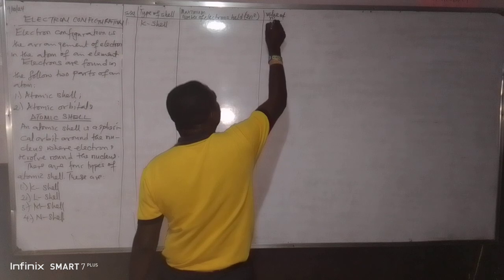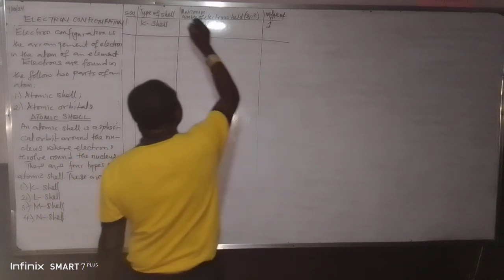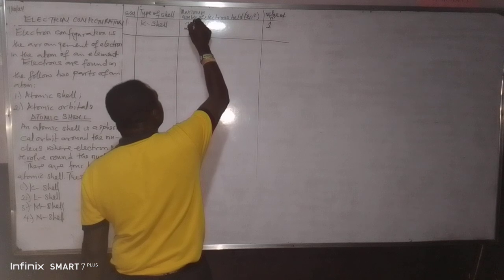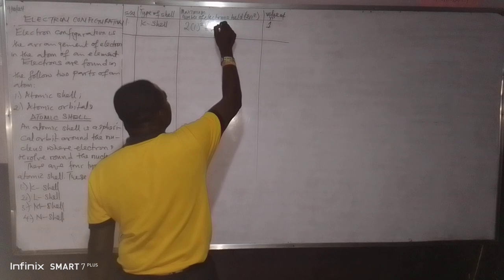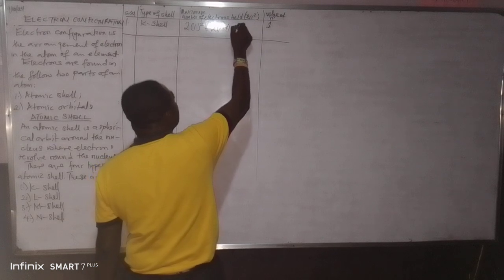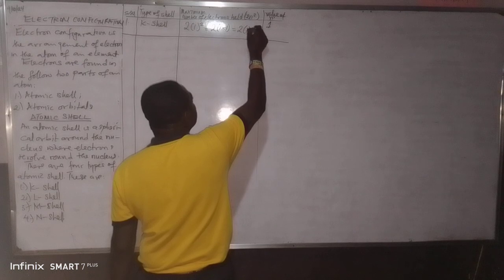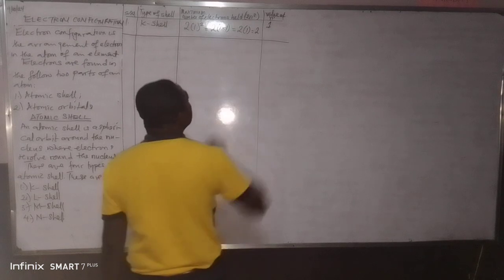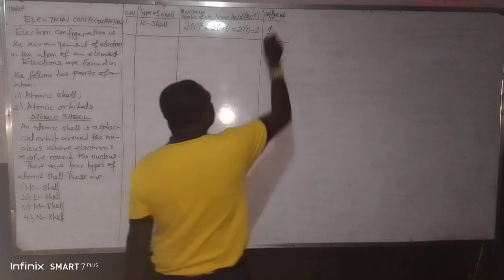So for K shell being number 1, the value of n is 1. So if I have 2 into 1 squared, it gives me 2 into 1 times 1, which is 2. So K shell can carry a maximum of 2 electrons.